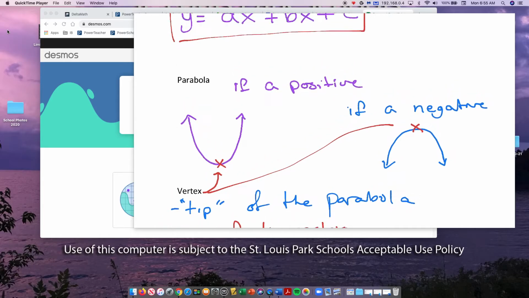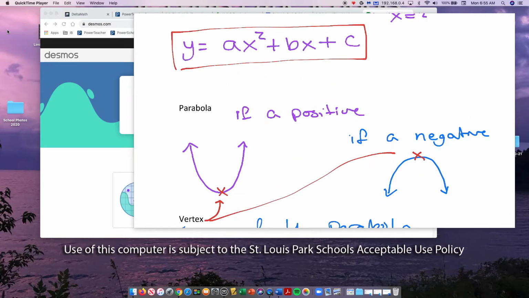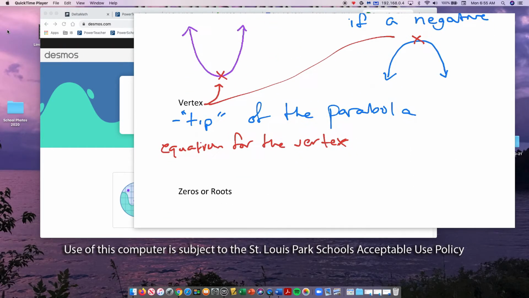So if you have these values a, b, and c, which are just numbers, then when we're looking for the vertex, x is equal to the opposite of b divided by 2a, whatever b and a are. We're going to use that in a second. We'll graph the vertex and figure out what it looks like and how we deal with it.